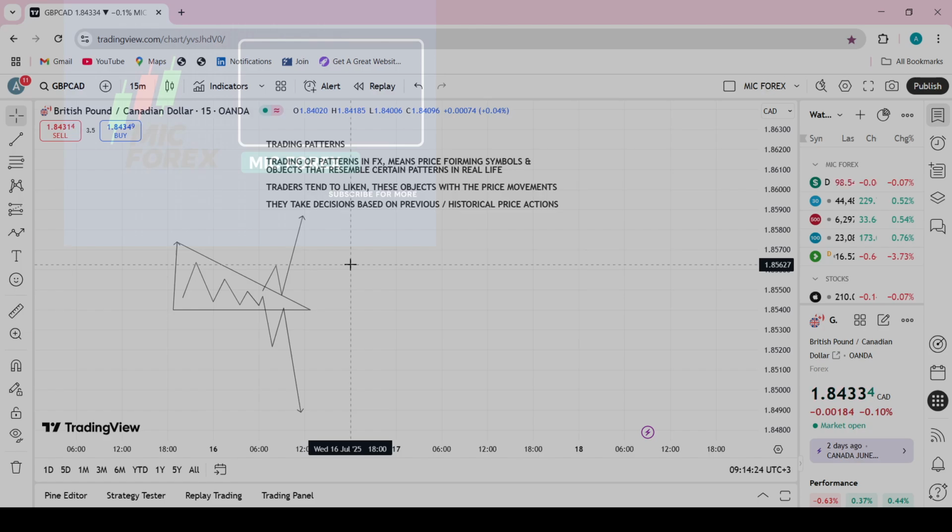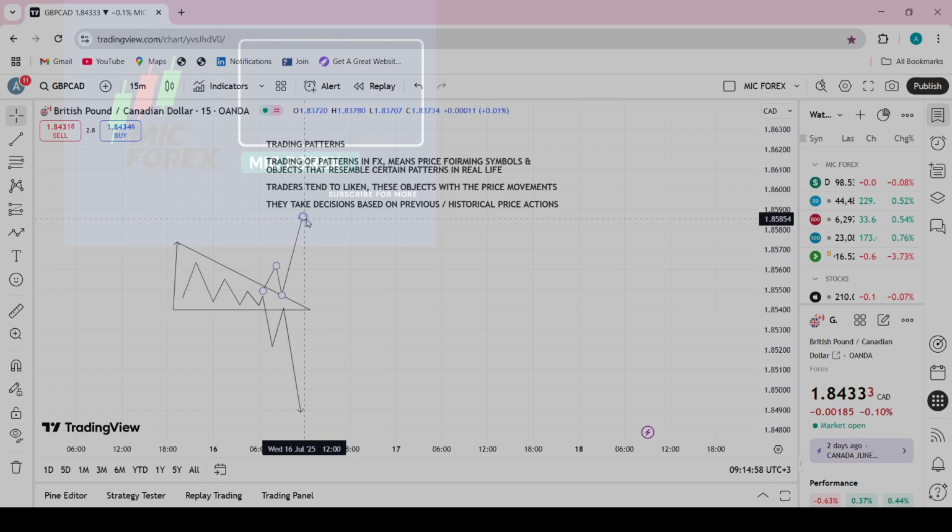Many of these patterns or objects that we are calling patterns are usually not certain. I mean, you really don't know which direction the price might take. So it's half chance, it's a probability. The probability here is half. So if it breaks to the upside, then you take a buy on the retest. If it breaks to the downside, then you take a sell on the retest.